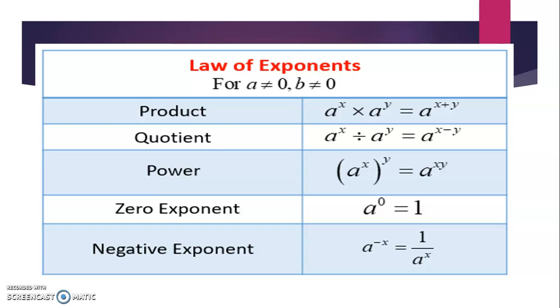When the distance is very large, it is given by positive exponents, but smaller distances are measured by negative exponents, like the measurement of an atom in nanometers or micrometers.